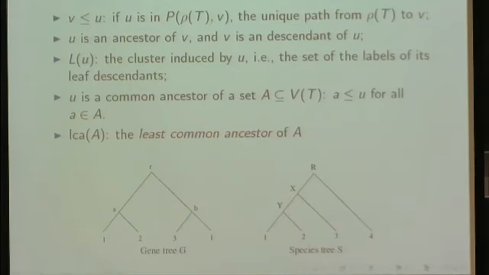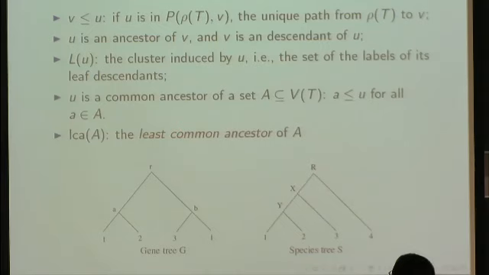To this end, I need a little notation, which I guess everyone knows: there's a poset structure on the vertices of rooted trees. We say V is not bigger than U, and we say U is an ancestor of V, and V is a descendant of U. And we have L(U), which is the set of labels of its leaves.